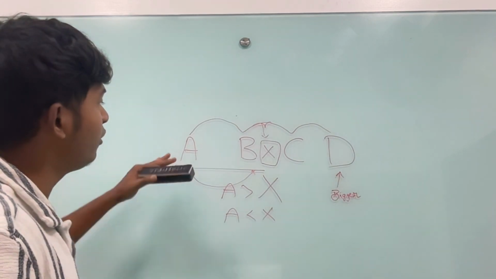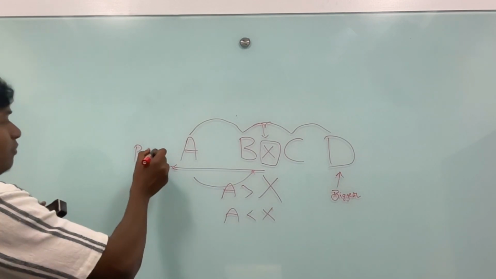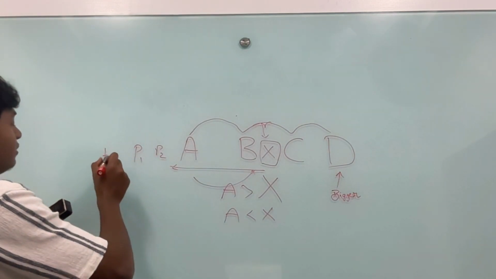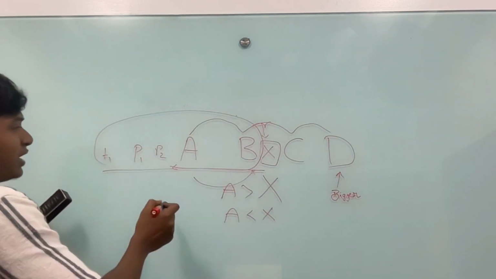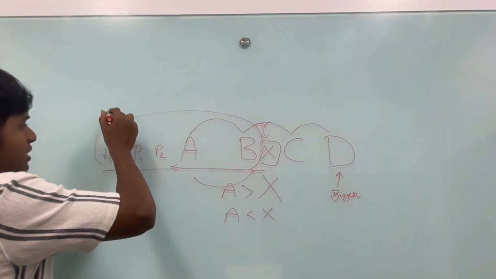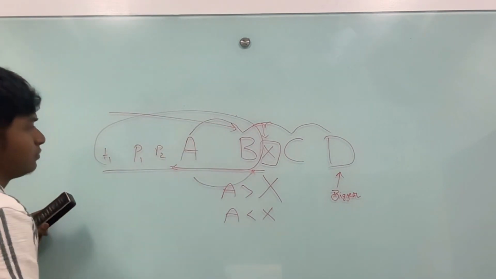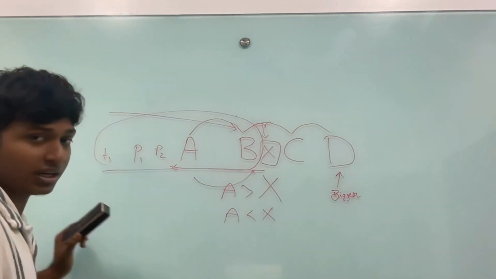So we don't have to, for each element, let's say we have p1, p2, t1, for all these temperatures X is the biggest one. That means all these are in decreasing order, so obviously X will be the bigger temperature.